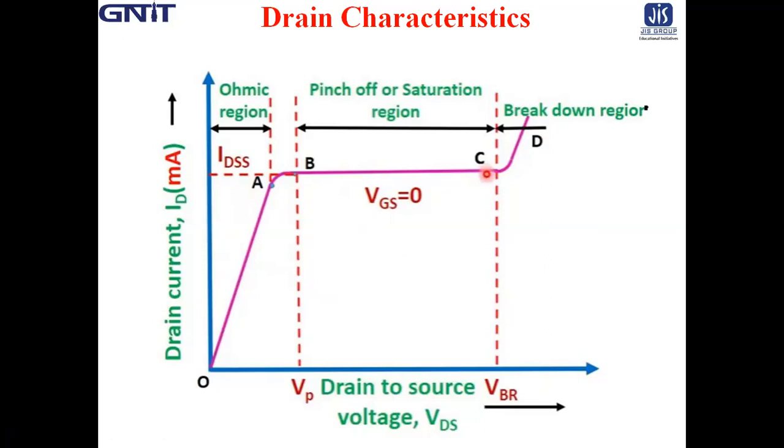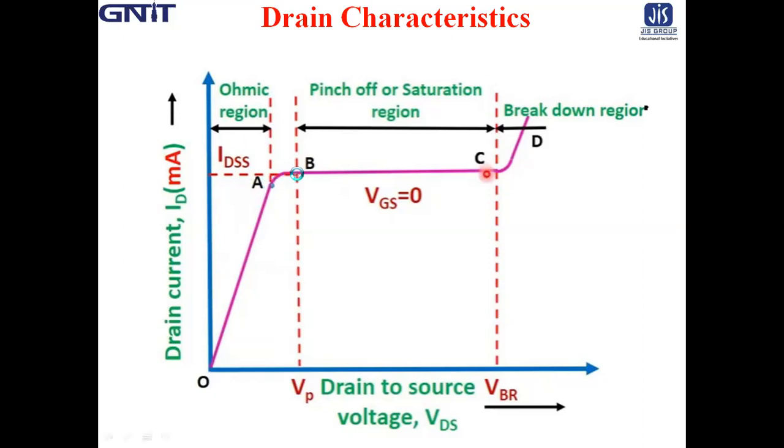In this region, the drain current increases linearly with the increase of VDS. Actually, it is obeying Ohm's law, and the JFET acts like a voltage variable resistor in this region.